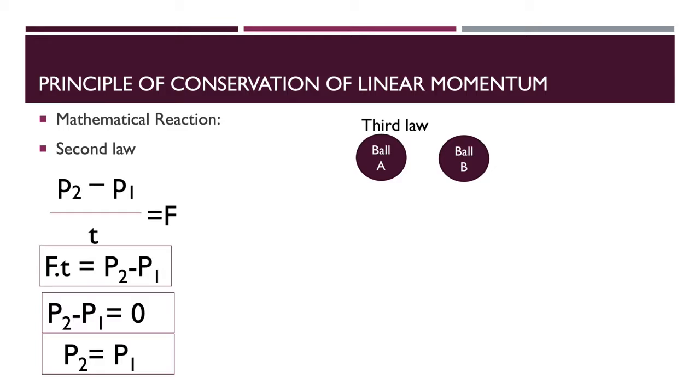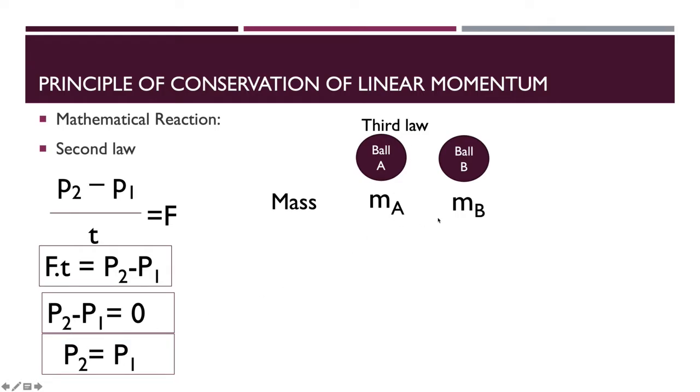In our last class we have seen the principle of conservation of linear momentum. I think you all have understood the concept that when no force is applied, the initial momentum will be equal to the final momentum.